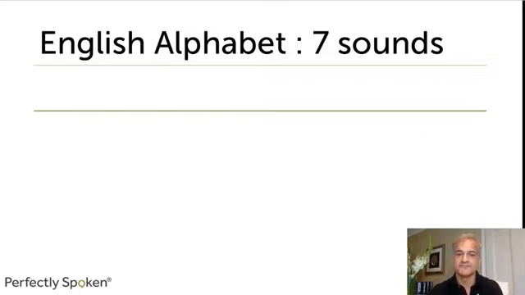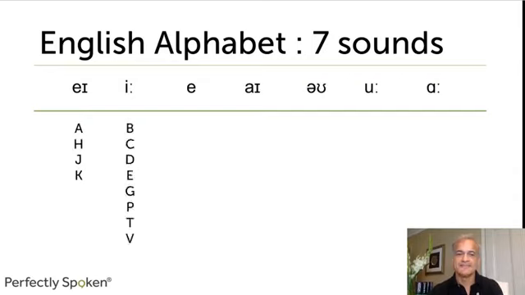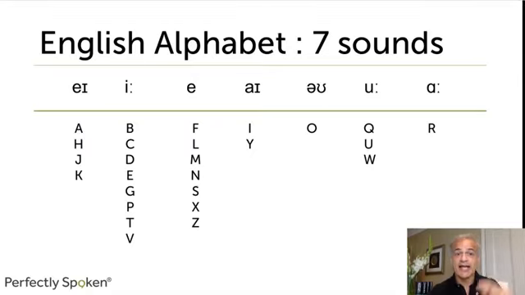Here we go. And very quickly, first column: A, H, J, K; B, C, D, E, G, P, T, V; F, L, M, N, S, X, Z; I, Y; O; Q, U, W; and R, like the dentist, R.